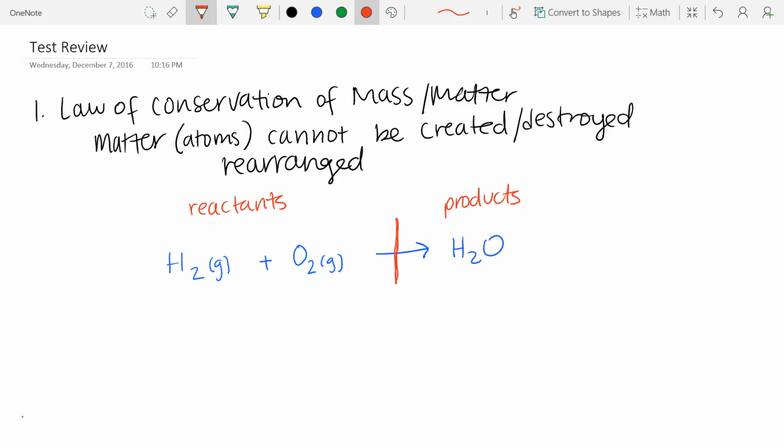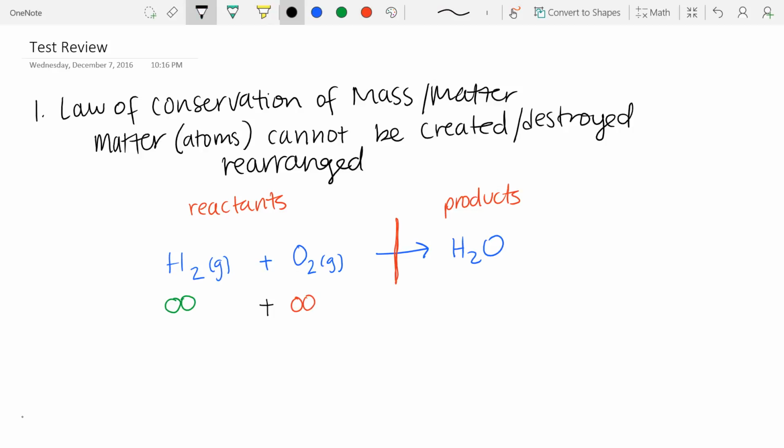Okay, and I'm actually going to redraw this reaction in a picture format. So if I have two hydrogen atoms, they're going to be green for us today, plus my oxygen atoms, which are going to be red.